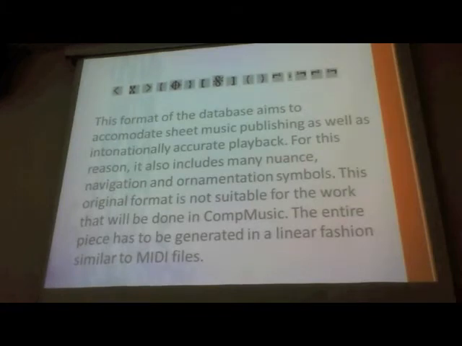The pre-release version of the Musiki format aims to accommodate sheet music publishing as well as internationally accurate playback. For this reason, it also includes many nuance, navigation, and ornamentation symbols. This original format is not suitable for the work that will be done in Compmusic. The entire piece has been generated in a linear fashion, similar to MIDI files.